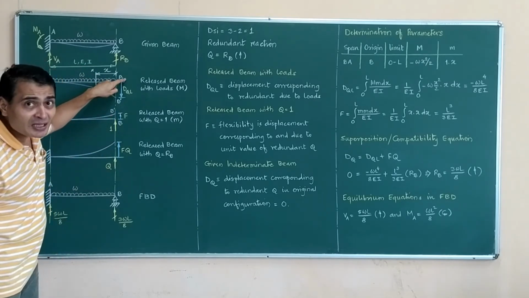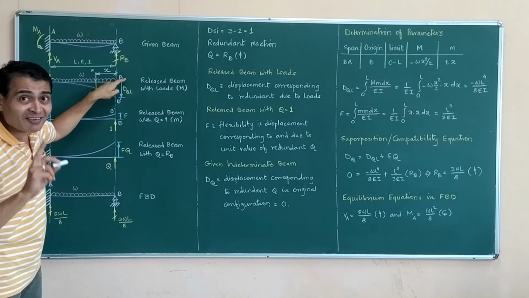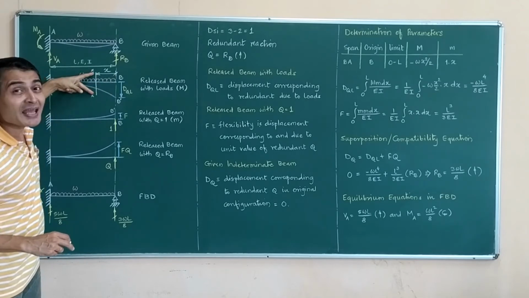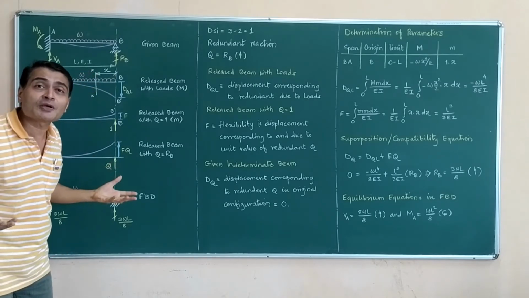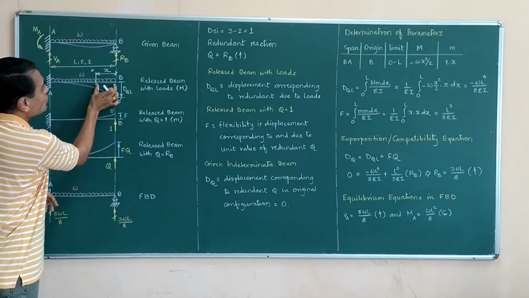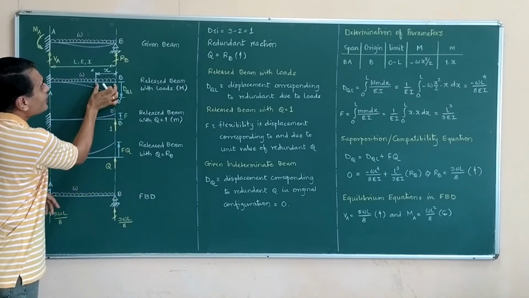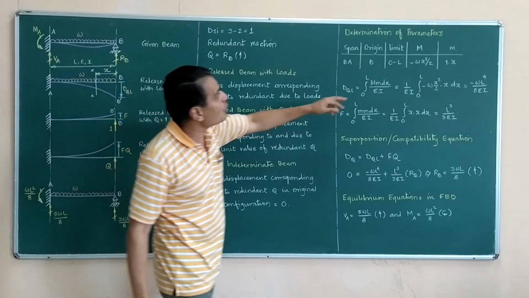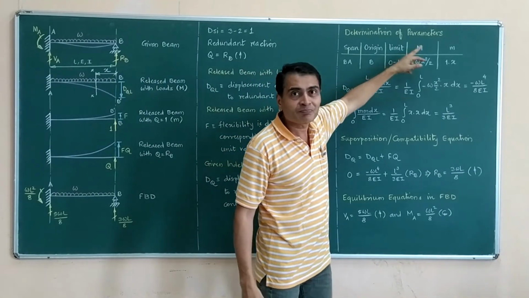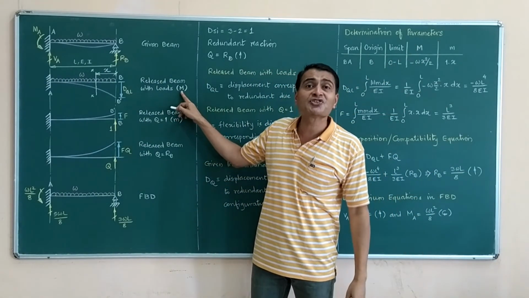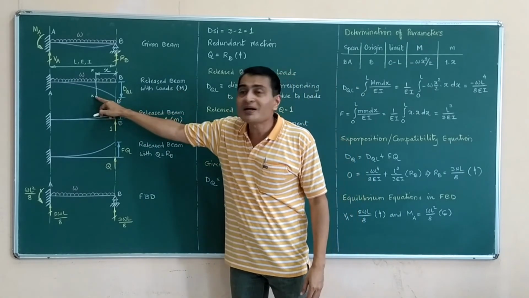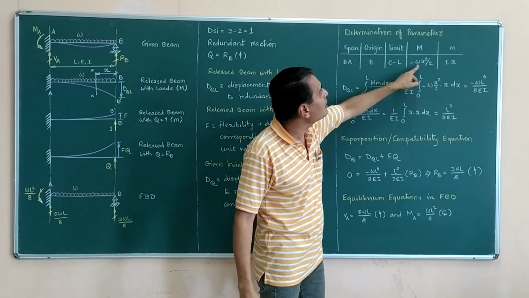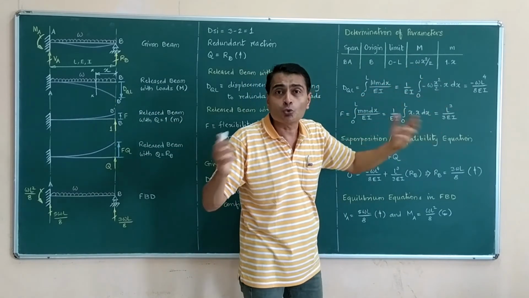From origin B, my reference, at a distance small x, I am assuming section XX and expressing bending moment, which is of course going to be W into x squared by 2, and that is hogging, meaning negative. So that is what we have written here. M, that is in this particular diagram, the released beam with loads, my bending moment at a section at a distance x is going to be hogging, Wx squared by 2.